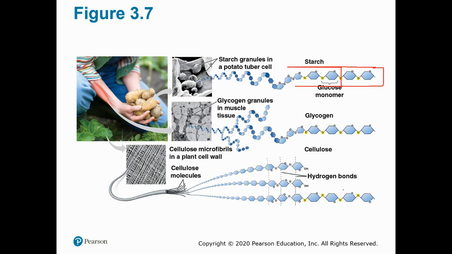We do not have the enzymes to extract the energy from this thing. Glycogen is the same thing. It's got a different name, but it's the same kind of bond as with the starch. The difference with glycogen is that it's got branches more so than starch does. But cellulose we can't work with.